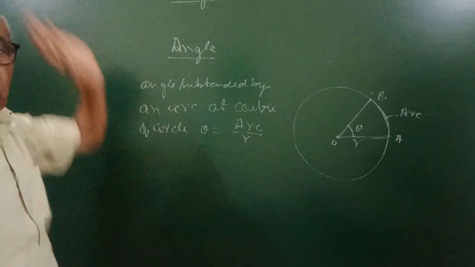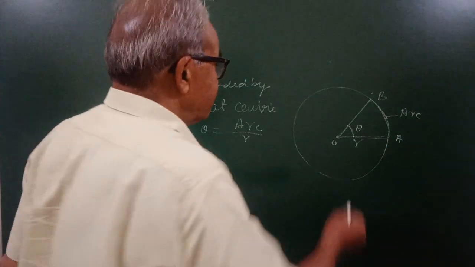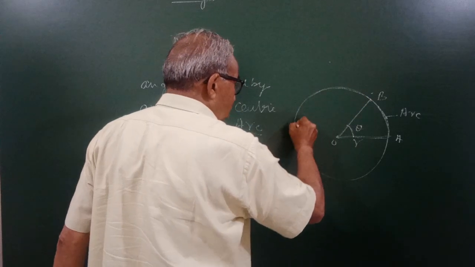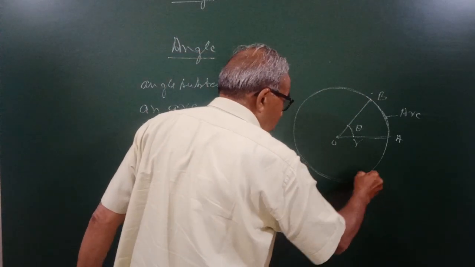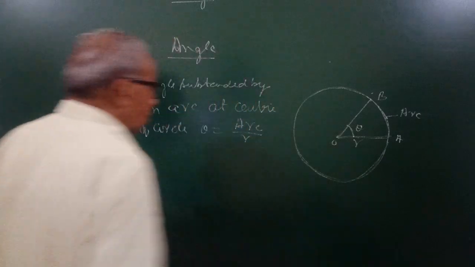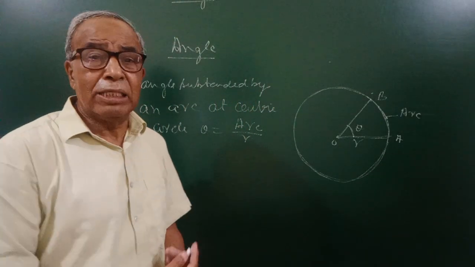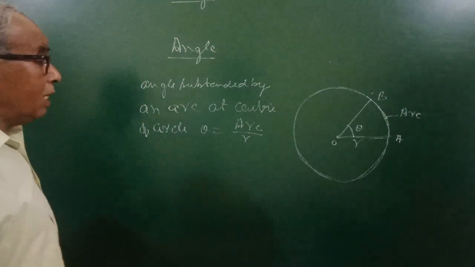Now, the unit of angle is radian. We measure angle in radian. You are habitual of telling the degree of an angle, but in physics and mathematics, where we use the basic nature of angle, the unit is radian.